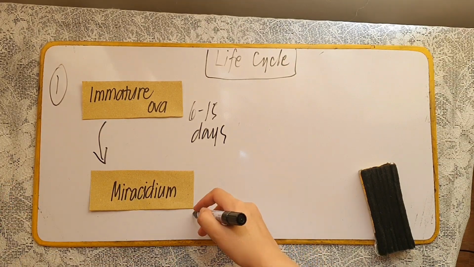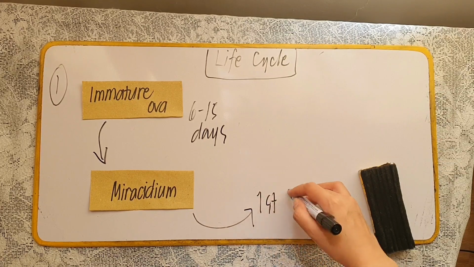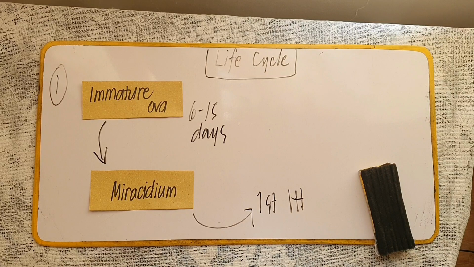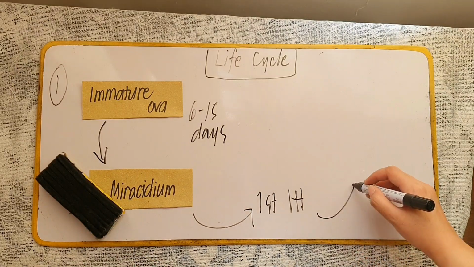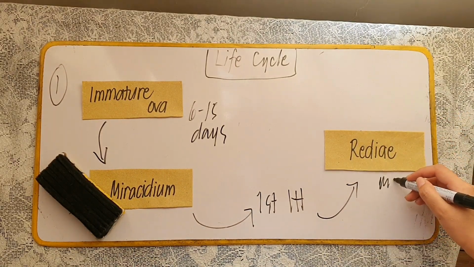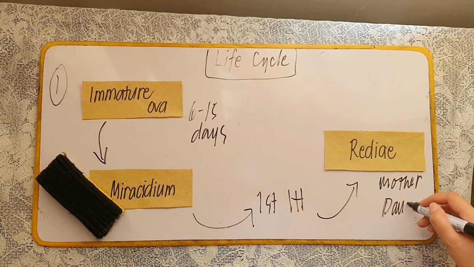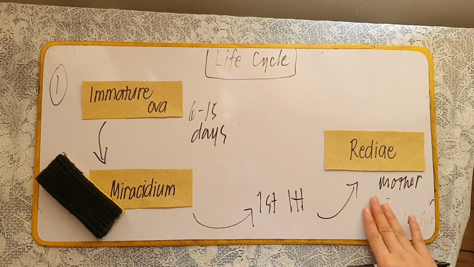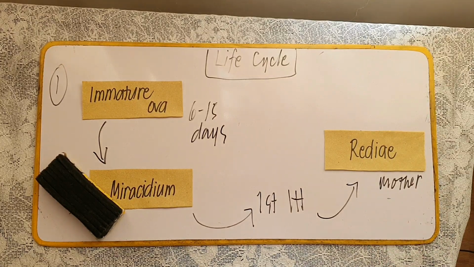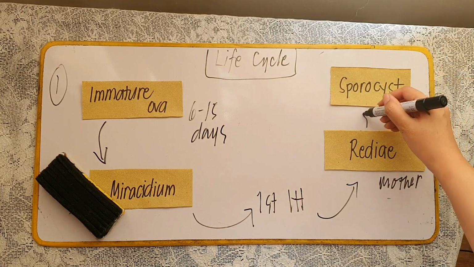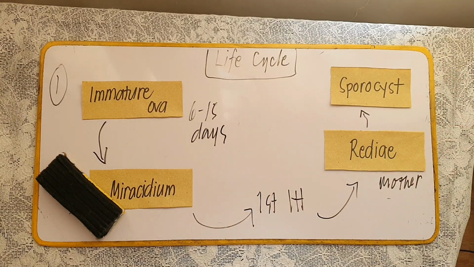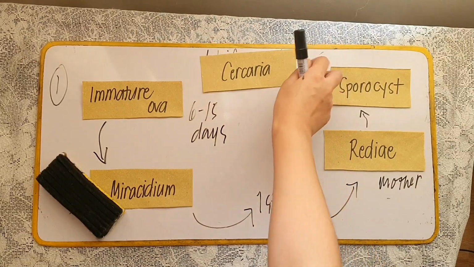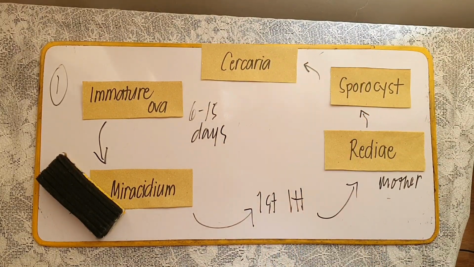Once na nasa first intermediate host na yan, this miracidium will undergo development into 2 radial stages, your mother radiae and your daughter radiae, subsequently producing daughter sporocyst, and then finally developing into cercaria.